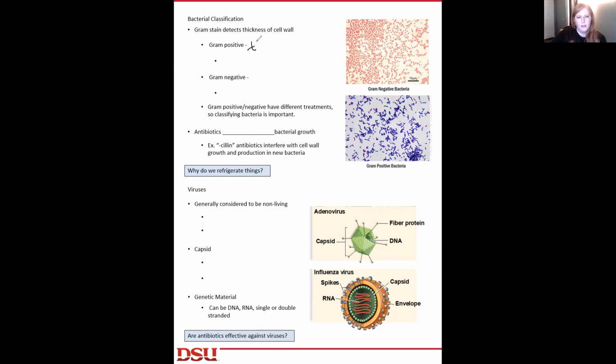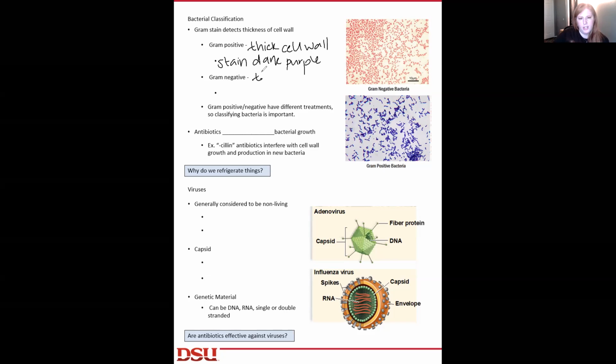Because of that, they tend to stain a really dark purple. And it's because the material that the cell walls are made out of absorbs the stain that's used really well. So they turn really dark.